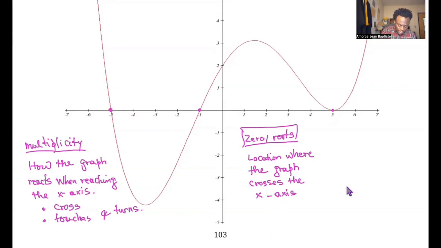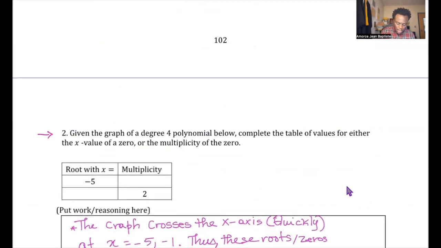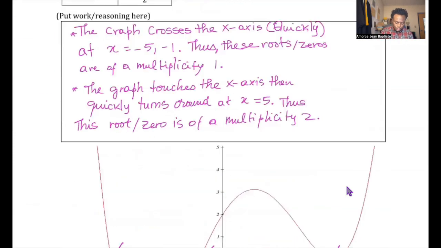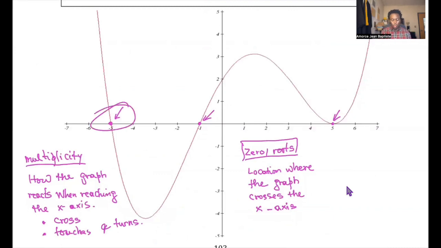Now we have this, and this. So we have 3 zeros, but we know because they said earlier that this is a polynomial of degree 4. This is a quick cross, that's multiplicity 1. -5 is a quick cross, it's a multiplicity 1, -1 also multiplicity 1.